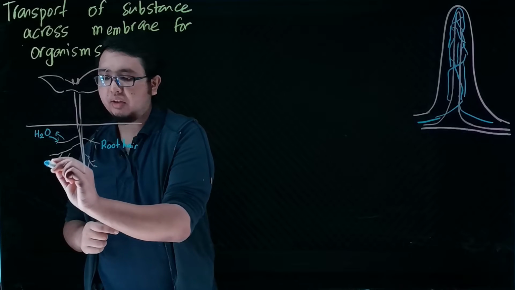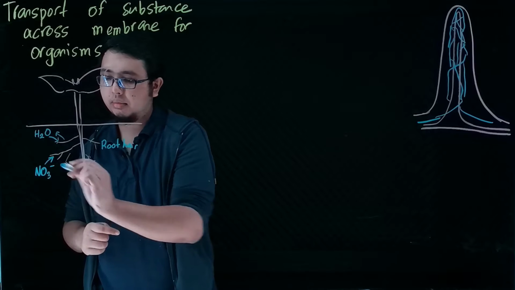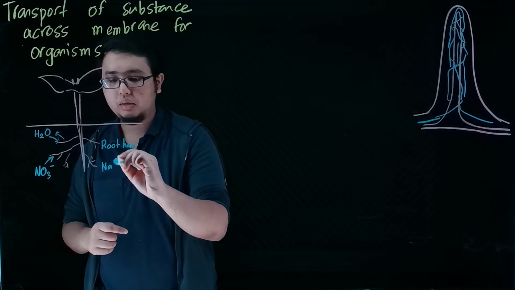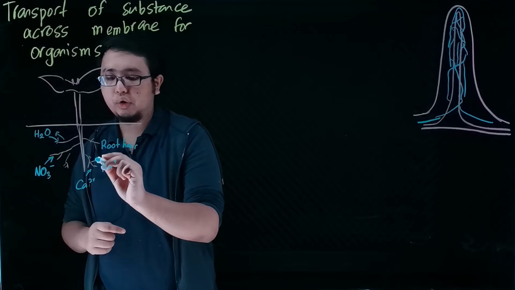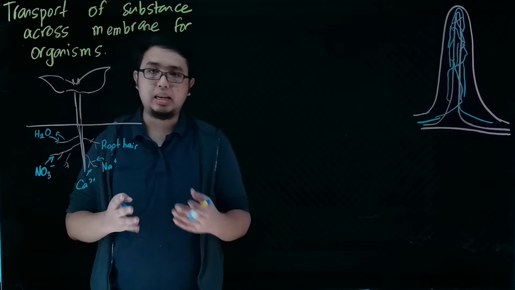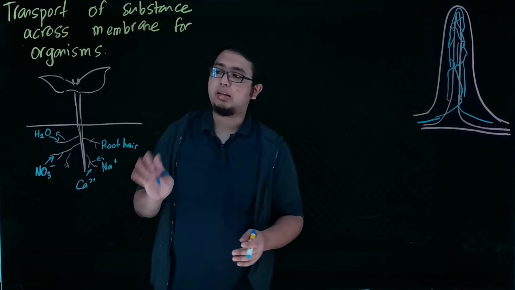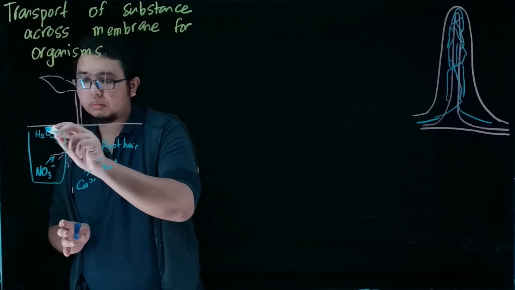And then we have nitrates. We have substances such as sodium and calcium. These are macronutrients needed by the plants to carry out their daily life as well as to promote their growth. Now, when we look at the transport, we are just going to focus only on these two.